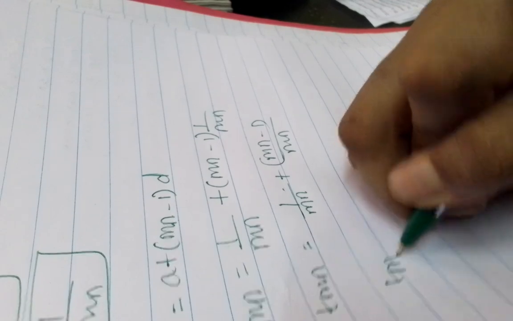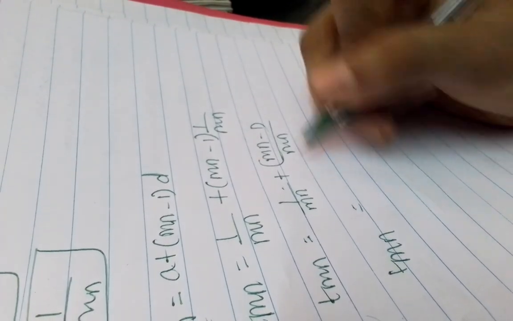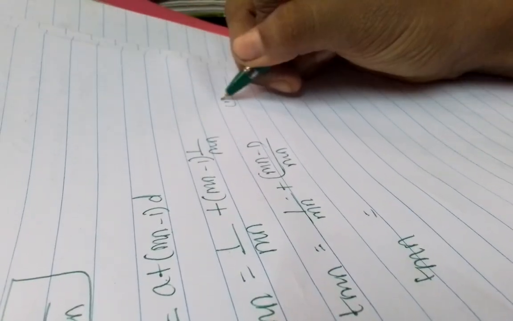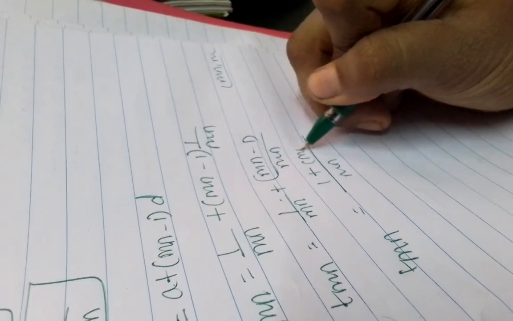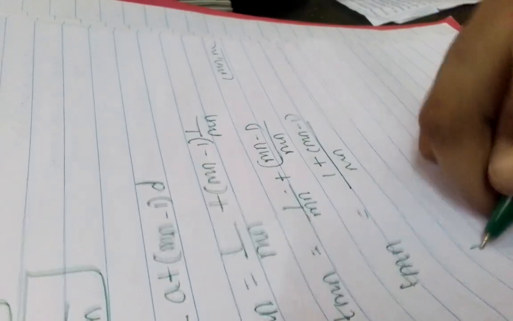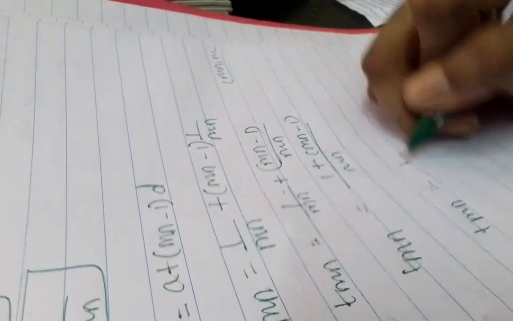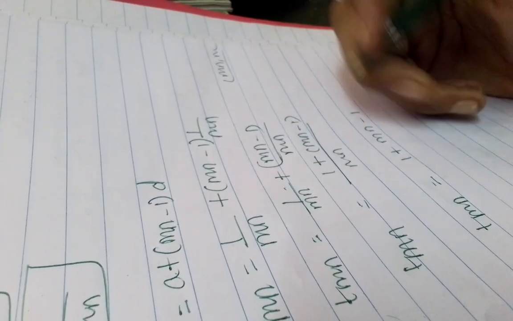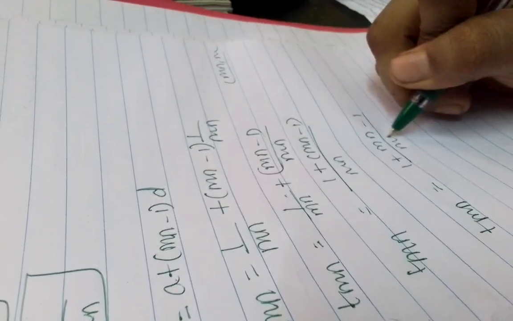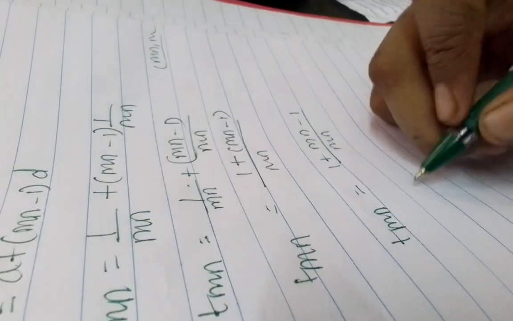So now take the LCM. See what you will get, mn, it's the same, right? So 1 plus (mn minus 1), because plus into minus is minus, right? So divided by mn.